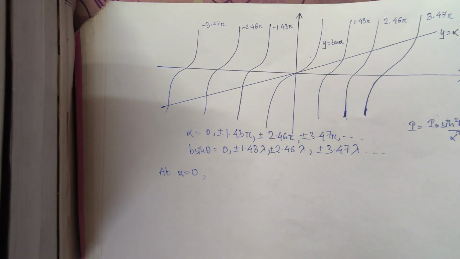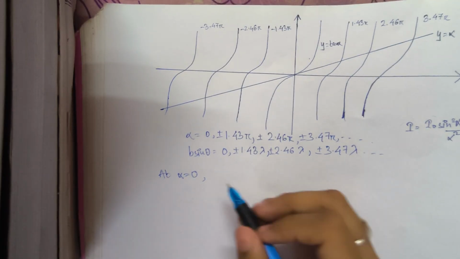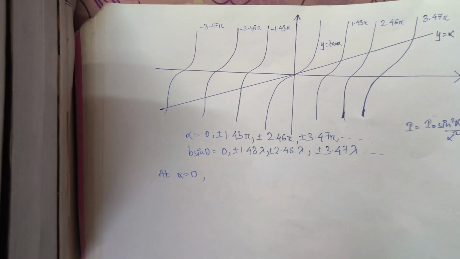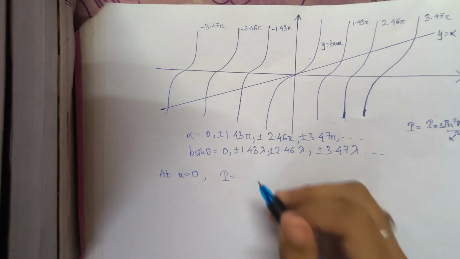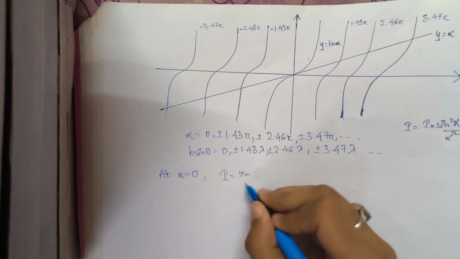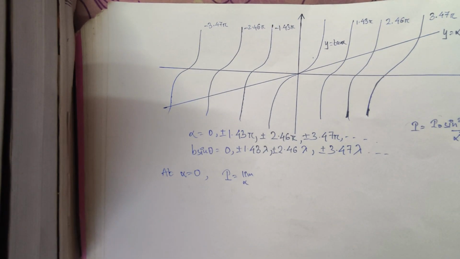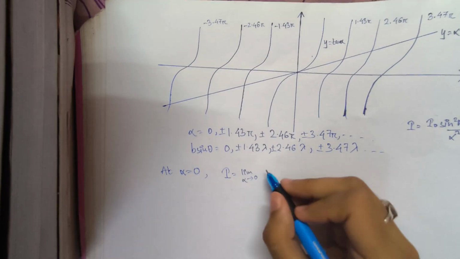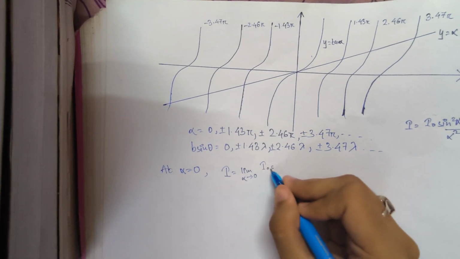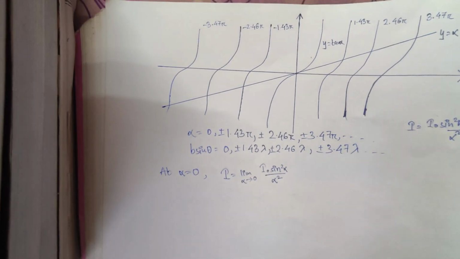So at alpha equal to 0, what will be the intensity? We cannot directly put 0 by 0, so we need to use the limit as alpha tends to 0 of I naught sine square alpha by alpha square.